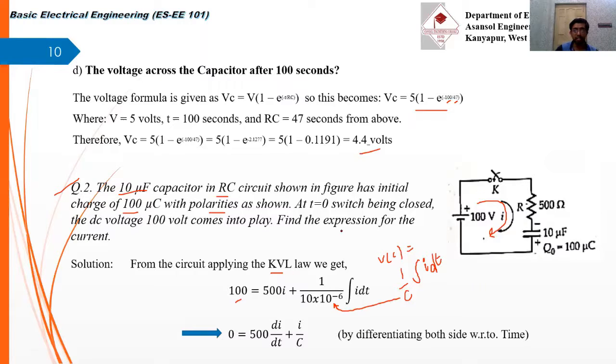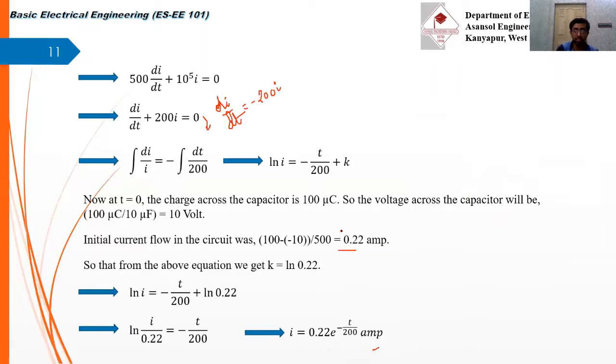This is the expression of current, and that is the process you have to follow. Since you haven't studied the Laplace transform yet, this process will get much easier if you follow the Laplace transform. That's why this normal integration and differentiation process is done.